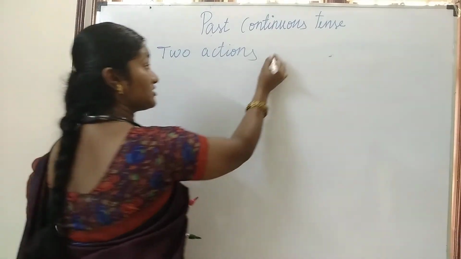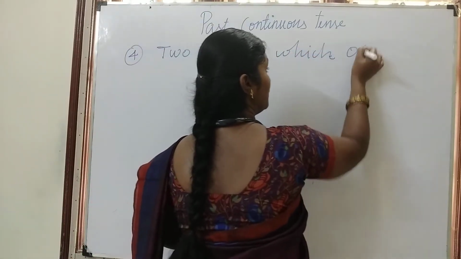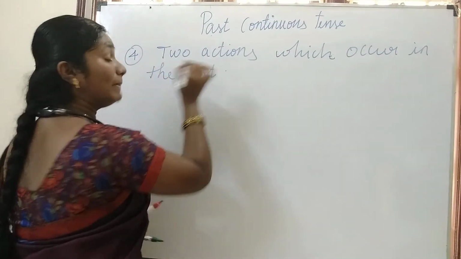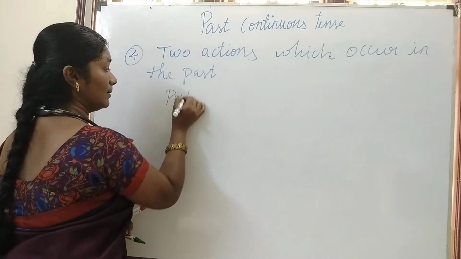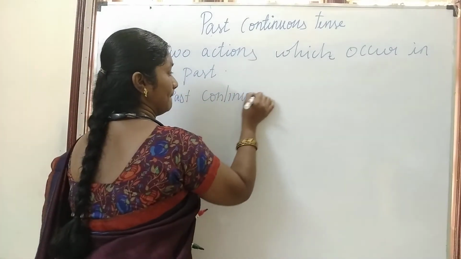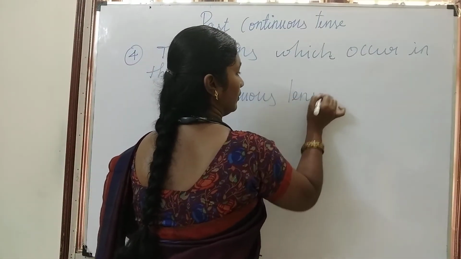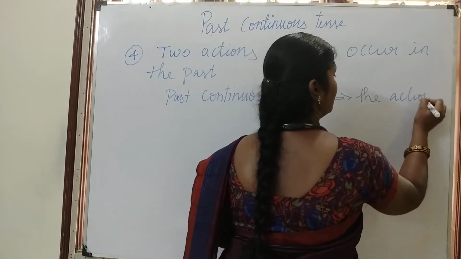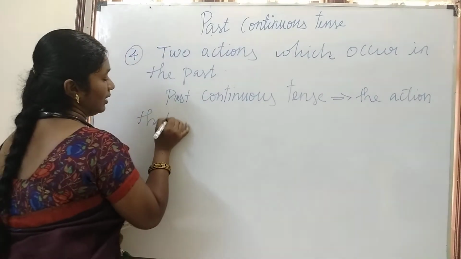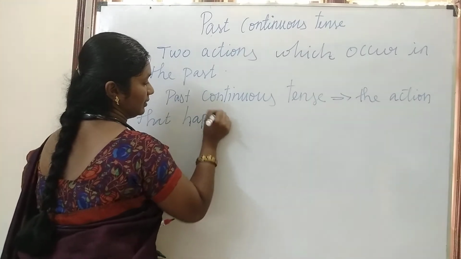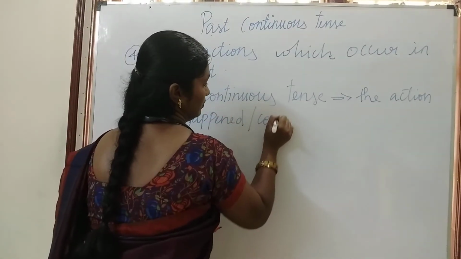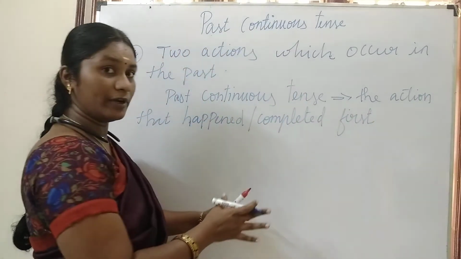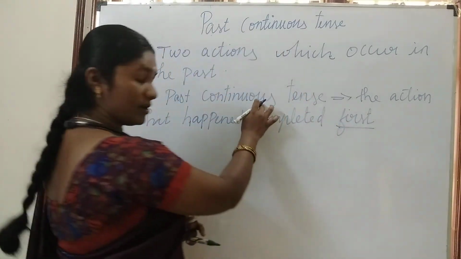So to point out the two actions which occur in the past, keep in mind we have to use past continuous tense only to point out the action that happened or completed first.